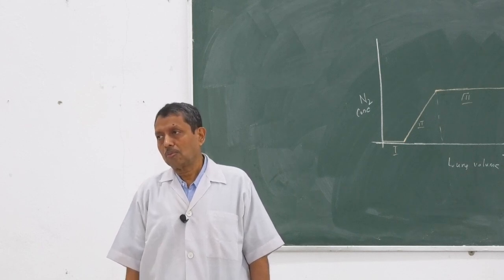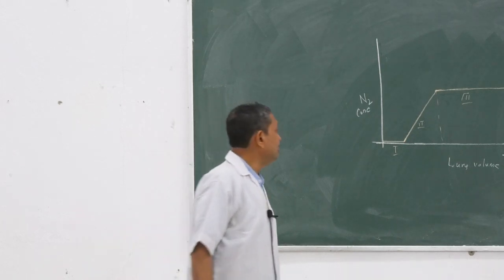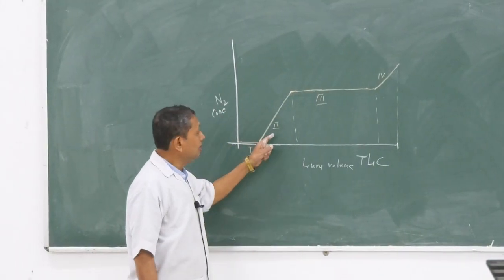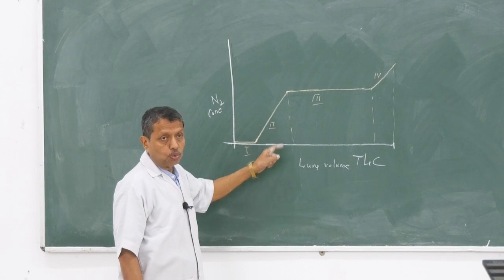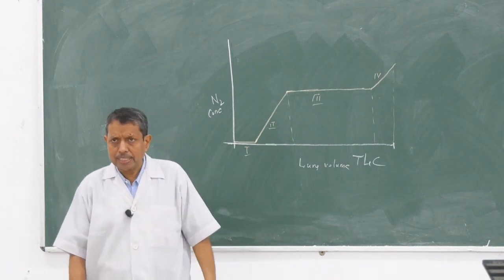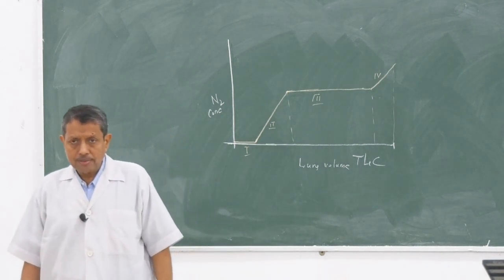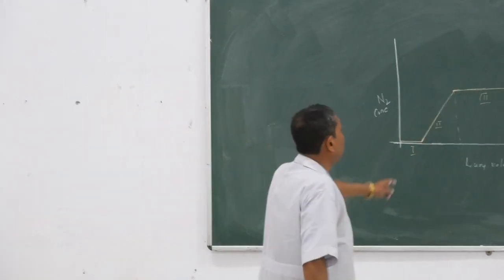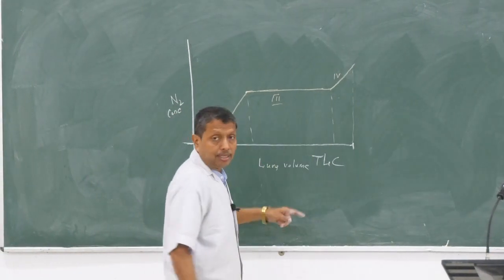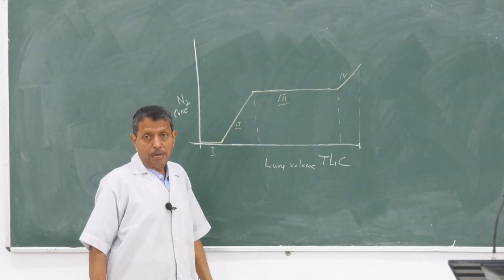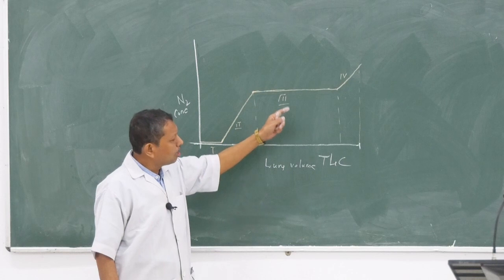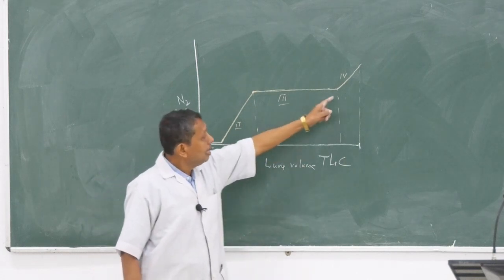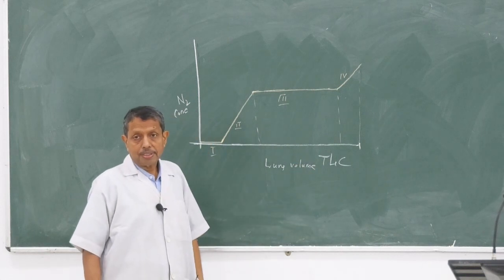As a short note: the initial part does not contain any nitrogen, and then in phase 2 there is mixing between the dead space gas and alveolar gas, and it is gradually increasing. And in phase 3, it is almost horizontal to the abscissa, the plateau phase, with a slight upward slope. And then there is an abrupt increase.